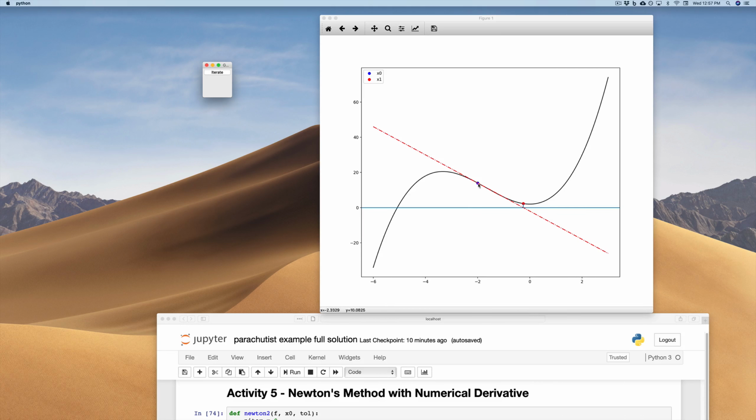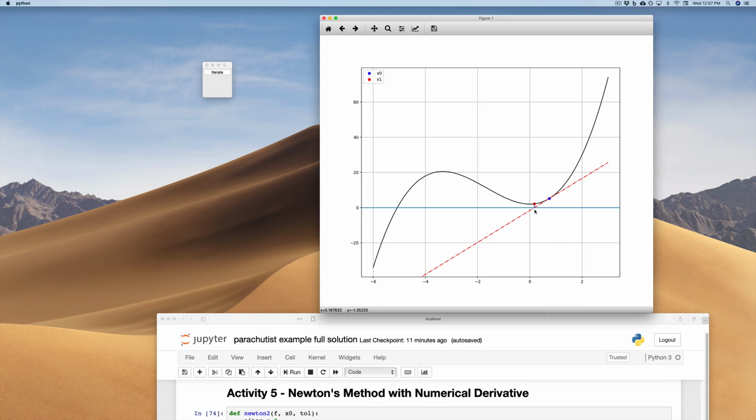This is my guess, x0, in blue, and my new estimate for the root is this point in red. We draw the straight line, it intersects the x-axis. This is going to be our new guess over here. Now we do a second evaluation. The next step is going to take a derivative over here and intersect it with the x-axis. So we do this, and now we get to this point. Now do it again, and it's going to bring us back over here. Do it again, and again.